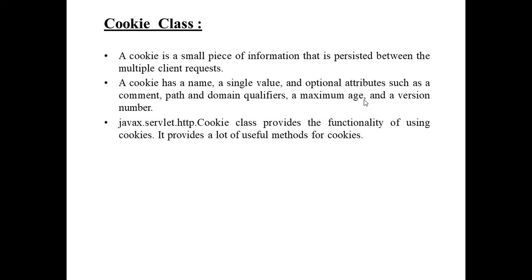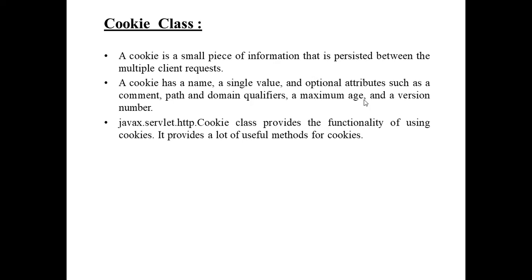A cookie has a name, a single value, and optional attributes such as a comment, path, and domain qualifier, a maximum age, and a version number.